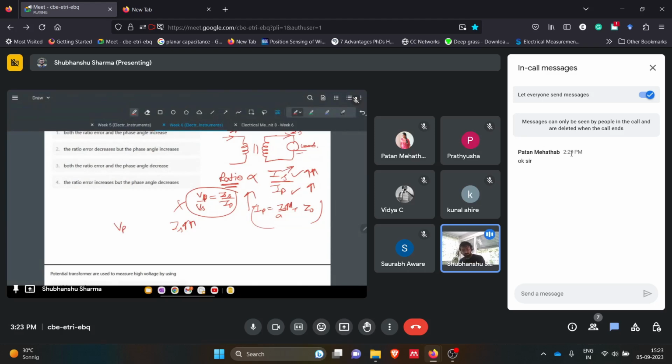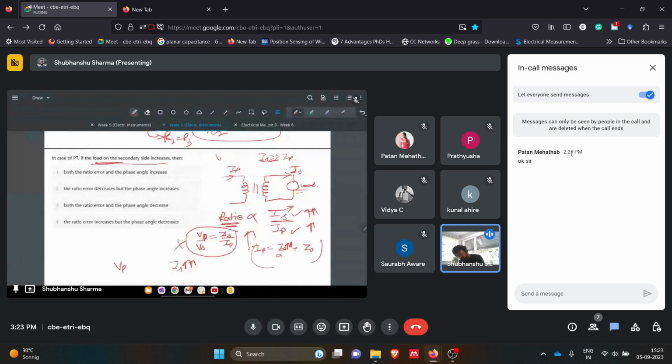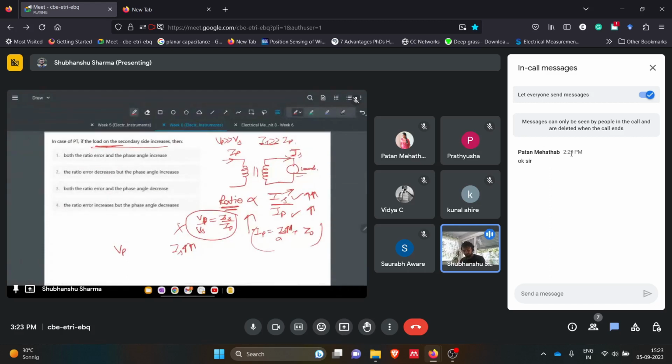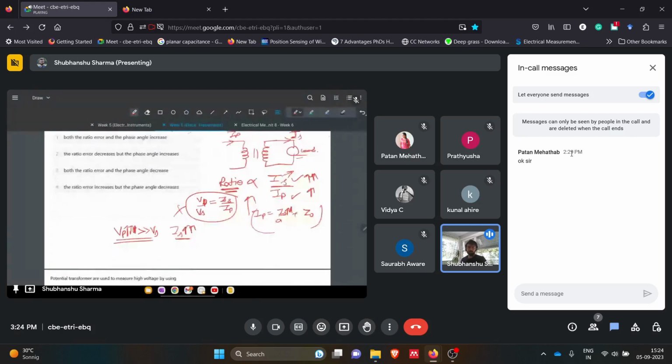This is a step down, so already Vp in this case is very high compared to Vs. But if we increased Is, then Vp becomes much higher than Vs. So if the primary side voltage is increasing, that means its phase angle will also increase.